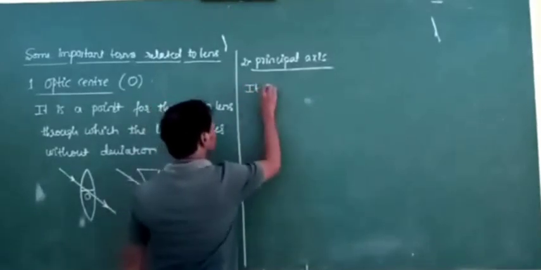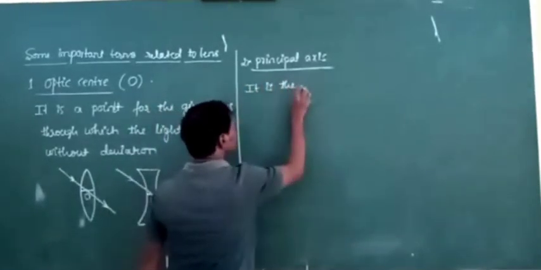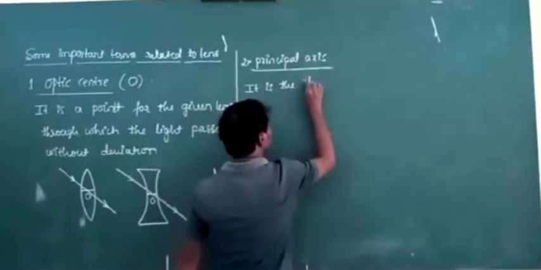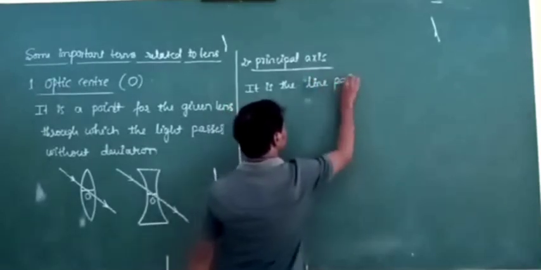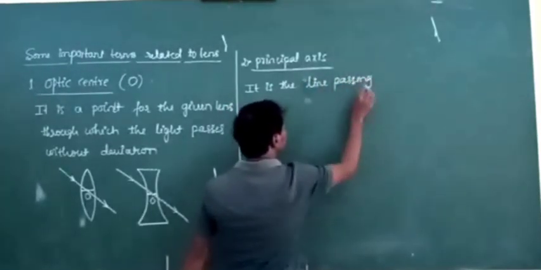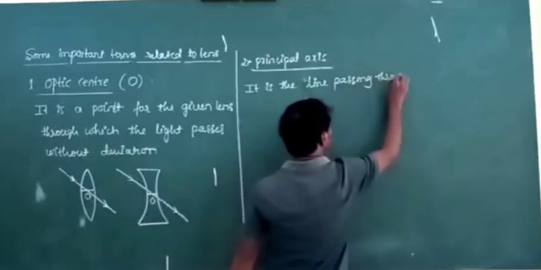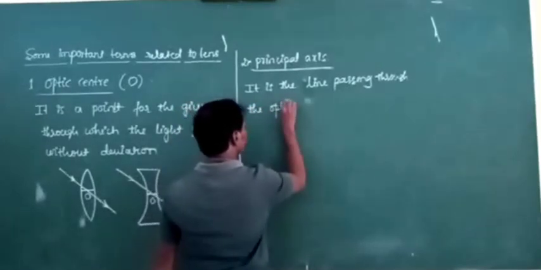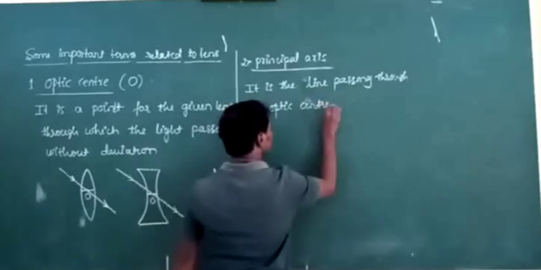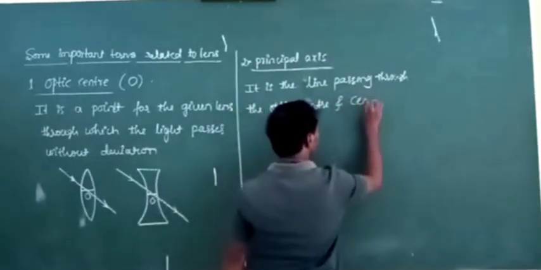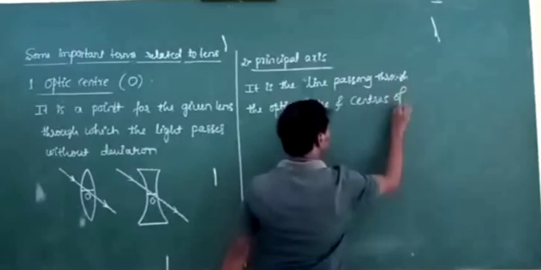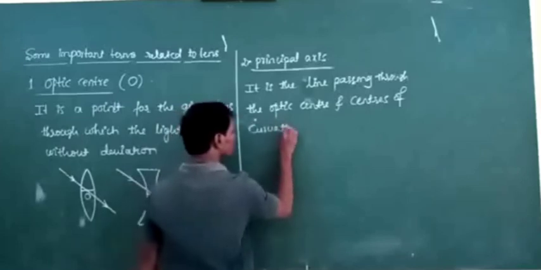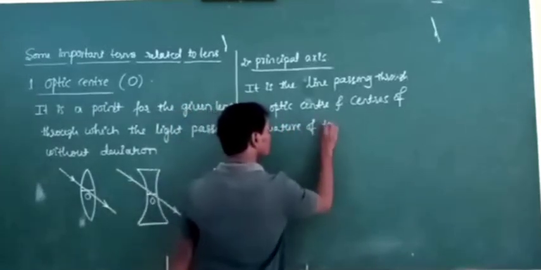It is the line passing through the optic center and centers of curvature of two curved surfaces.